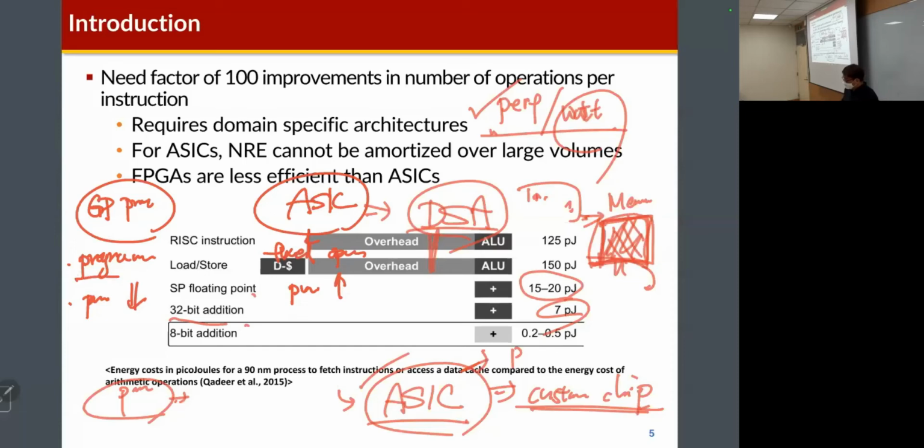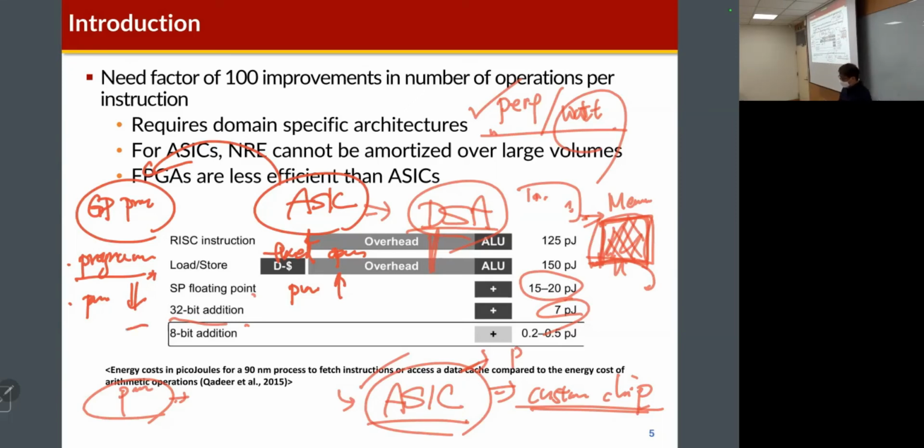Because of the programmability, we are using general purpose processors such as the CPU, like the ARM processor, or the GPU. GPUs can also execute some general purpose instructions or applications.